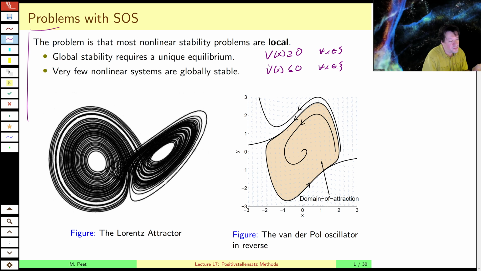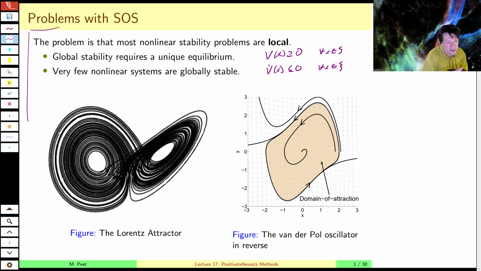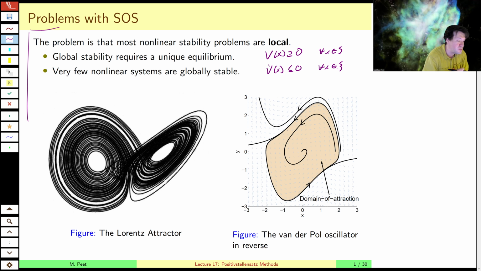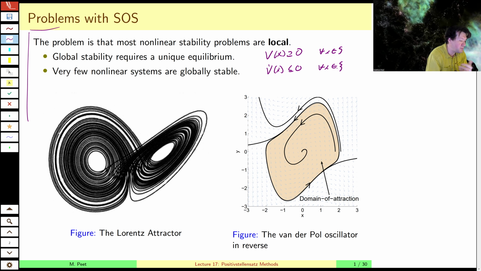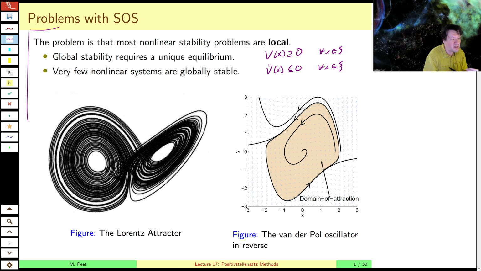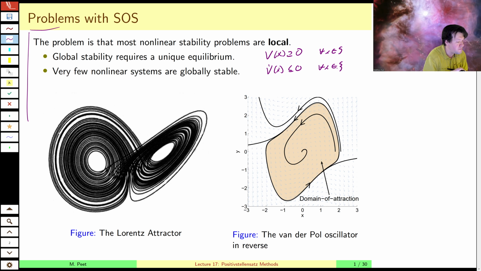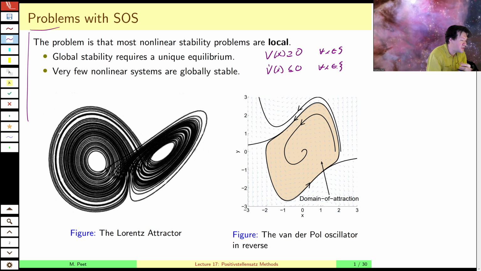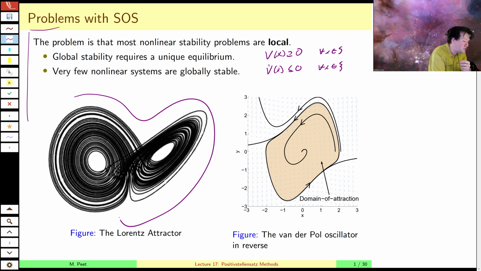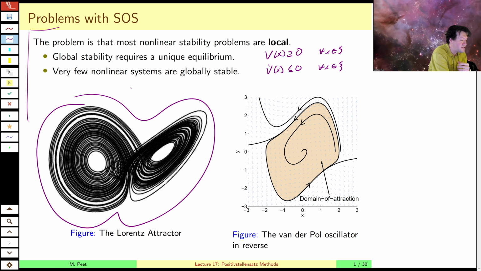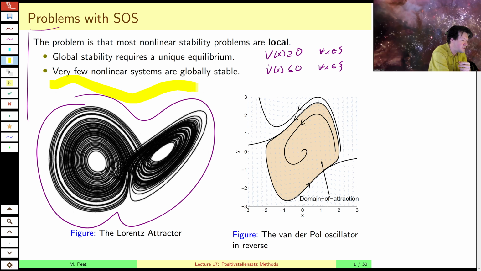And the reason, of course, for that is because most nonlinear systems are not globally stable. For example, when we formulated our optimization of polynomial questions in lecture 15, I believe, we were looking at whether the Lyapunov function is decreasing outside of some set, so in some region outside the set.